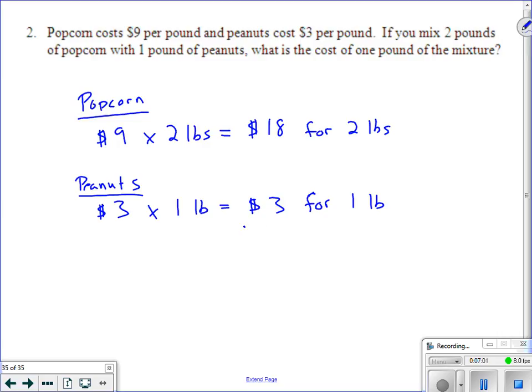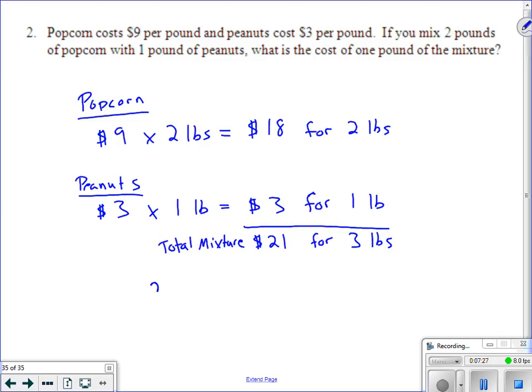Now I need my totals, and what I like to do is add them off of here. 18 plus 3 is $21, and 2 plus 1 is 3. So our total mixture is $21 for 3 pounds.